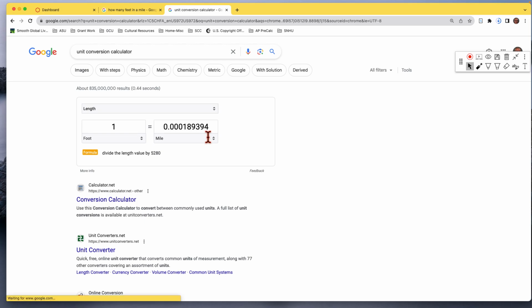We can choose what units we want. We can tell it how many feet we have, or we could say I have 1 mile, and it converts it over to feet. Or I could change this into yards, and I could say I have 10 yards, and it'll tell me I've got 30 feet. So right there, you can look up, you can check your answers.